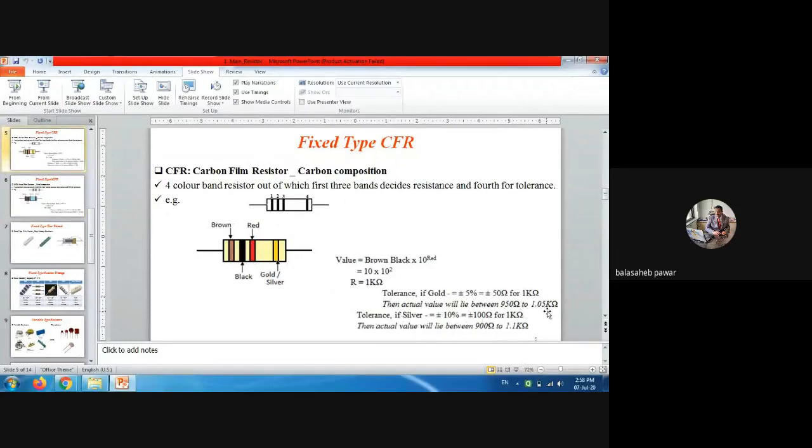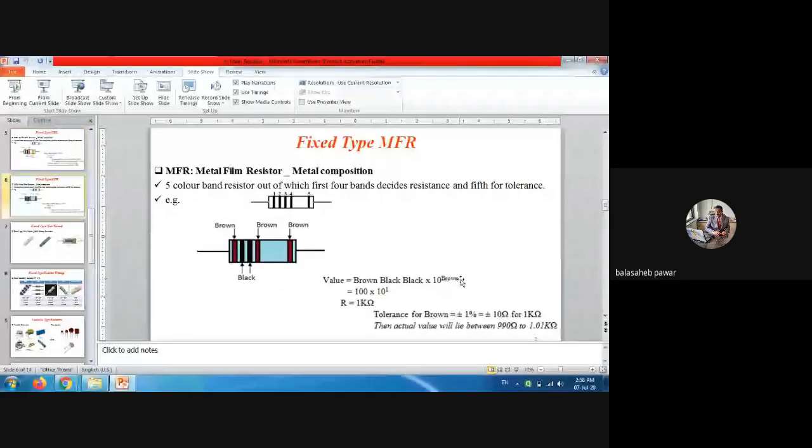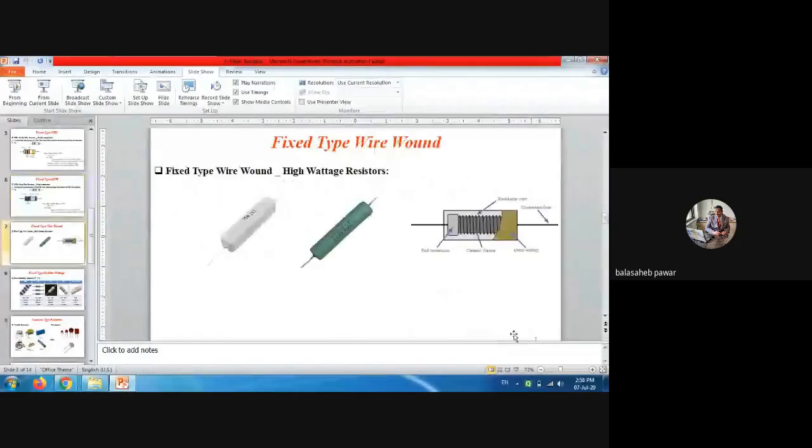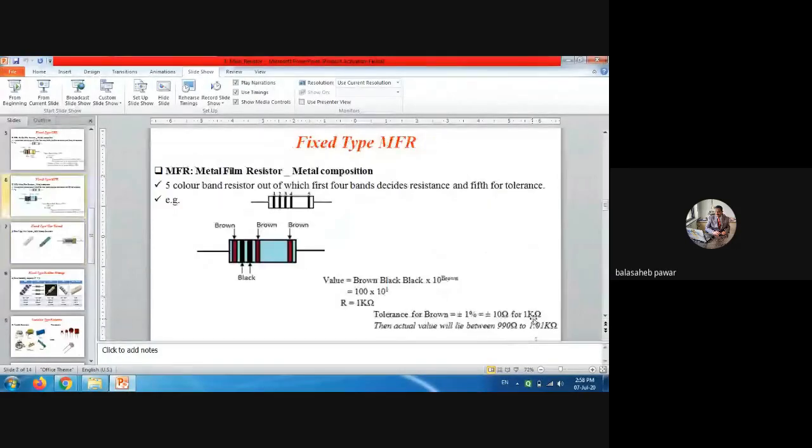Are you getting the difference? So which resistor will be more accurate? MFR. Yes, MFR will be more accurate, comparing the calculated value as per the color band with the actual measured value. The range is very small in case of MFR, while in case of CFR it is more, 950 to 1.05 kilo ohm.